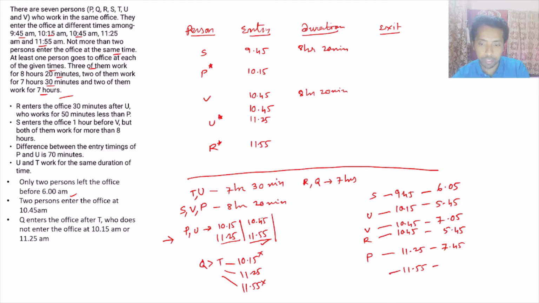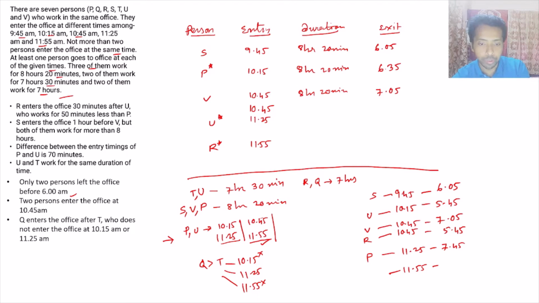And this is one time, okay? Now just write down the exit time here. For S, that is 6:05. For P, that is 8 hour 20 minutes, that means 6:35. V, that is 7:05.